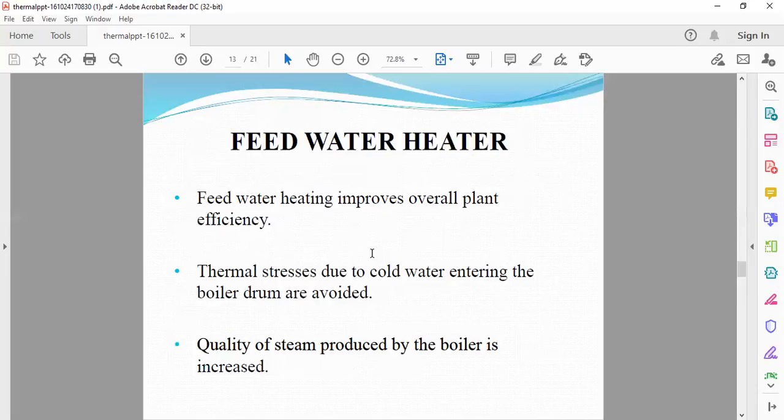The feed water heater heats the water again and sends it to the boiler, where it is converted into steam. Overall, the feed water heater increases the plant efficiency. The thermal stress due to cold water entering the boiler drum is avoided here. The quality of steam produced by the boiler is also increased by the feed water heater.